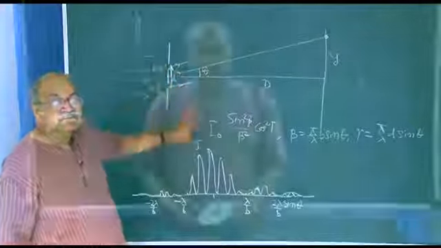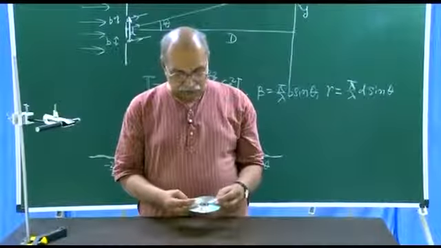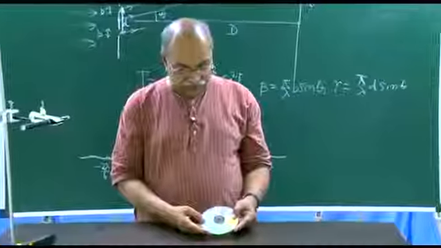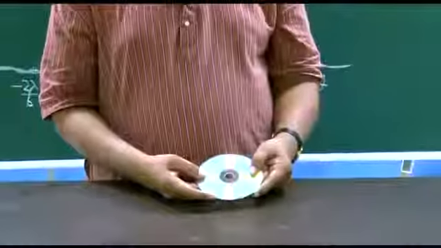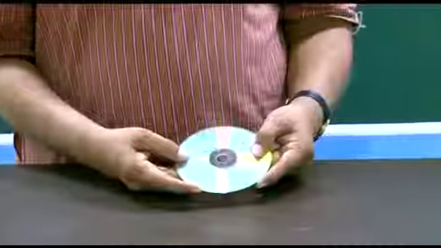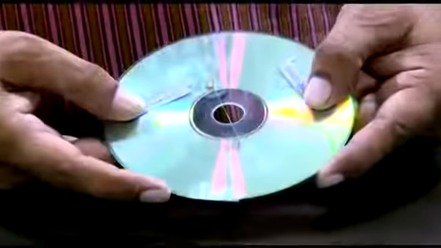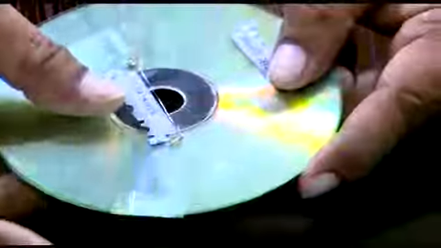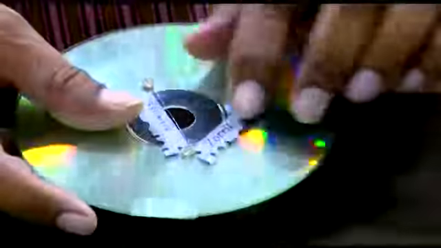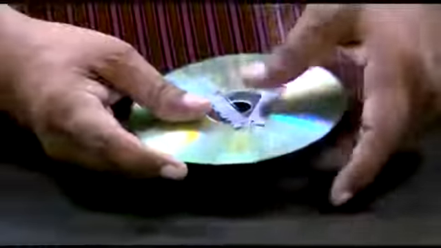To make the double slit, we have taken once again a CD, and across that central hole we have fixed a thin wire. Then we have two pieces of razor blade, and we are putting these two pieces on the two sides of this wire.